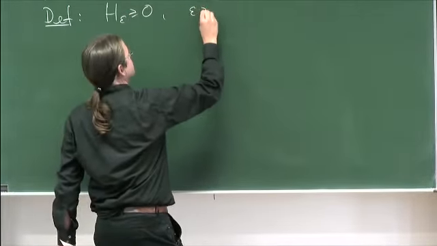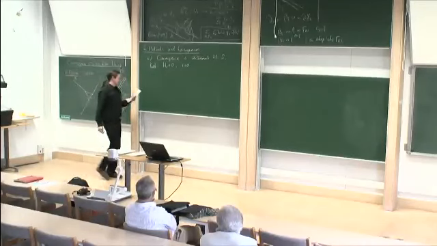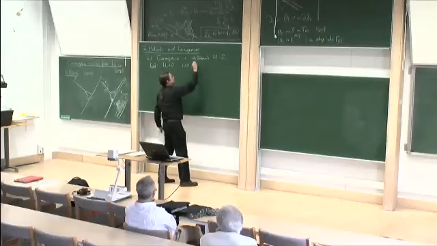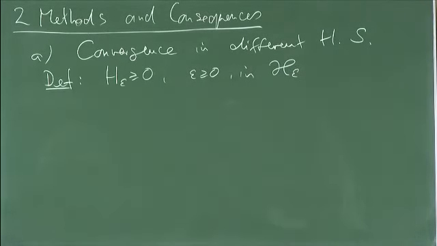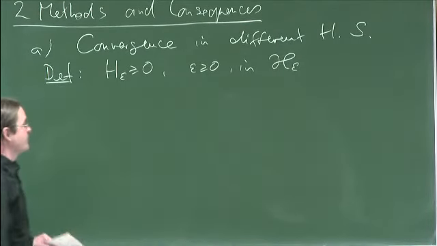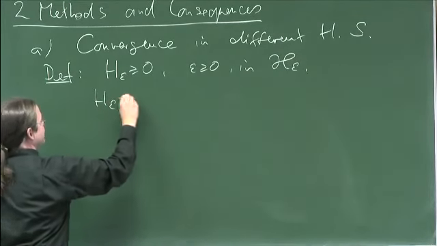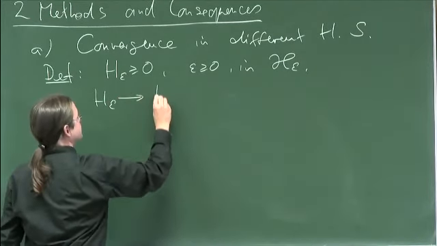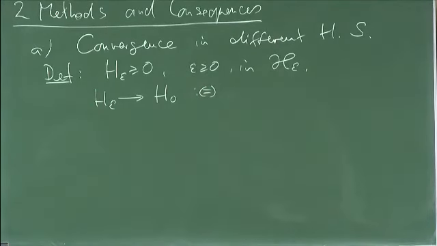Epsilon equal to 0 is allowed for the limit, and this is an operator in the Hilbert space H epsilon. And actually it's unbounded, like my example here. What do I mean by H epsilon converges to H0? This is defined in the following way.